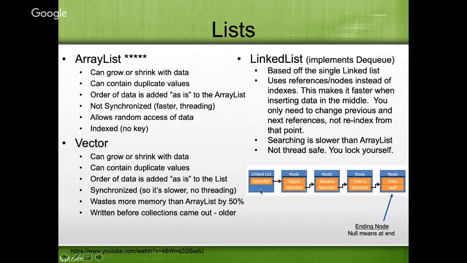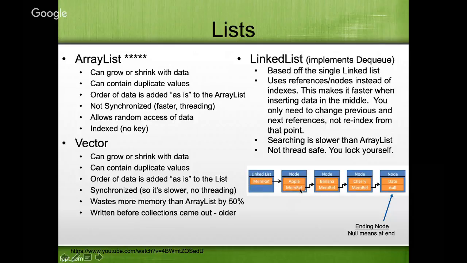If you look at this picture down here about linked lists, it starts out, the first one has a memory reference. The linked list works basically in a chain, and they're all linked together, and each node, or each box here, holds the data plus the next memory reference.